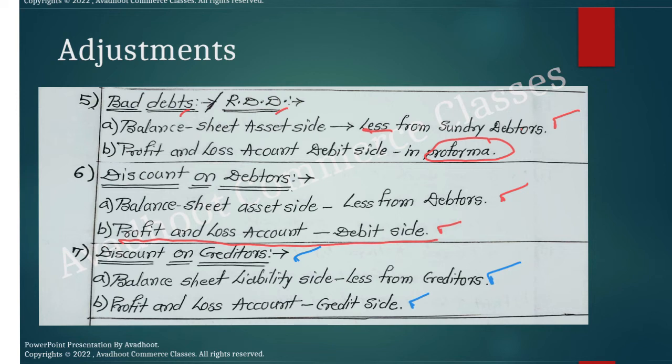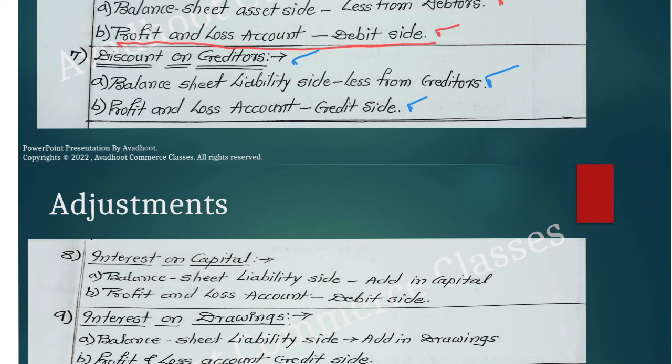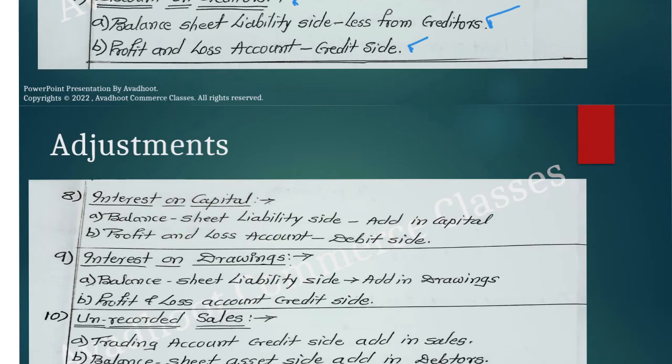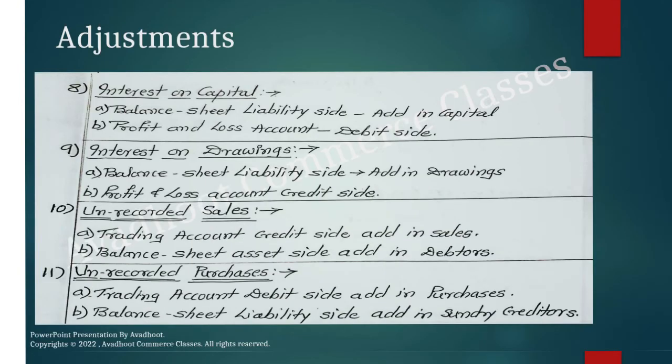Next, that is adjustment number 8, that is interest on capital. Now, what do you mean by interest on capital? Why is it to be calculated? Capital is a liability for the business, whereas it is an asset for the businessman, the owner, here the partner.